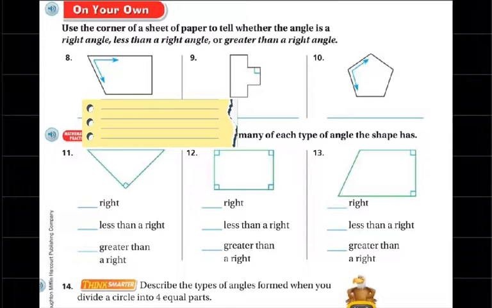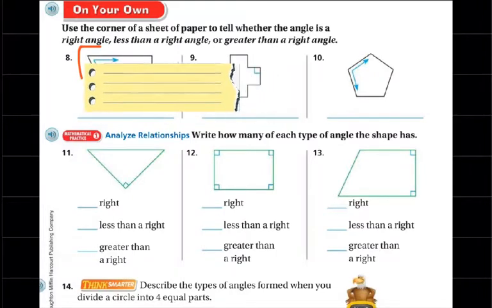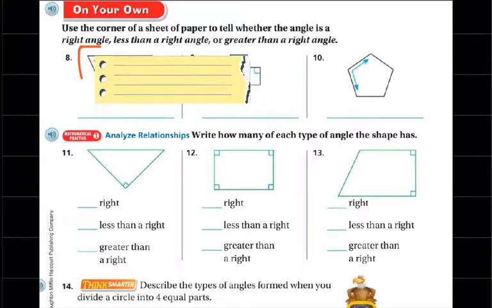So we've got this piece of paper, and we're only looking at one angle on each of these. So the first one is this one here, this angle here. And so what you do is you take your paper, you move it up to the angle, and already I can see as I get closer to the angle that a perpendicular line, which makes this a right angle, is going to come straight down, right? It's coming straight down. But look at their angle.